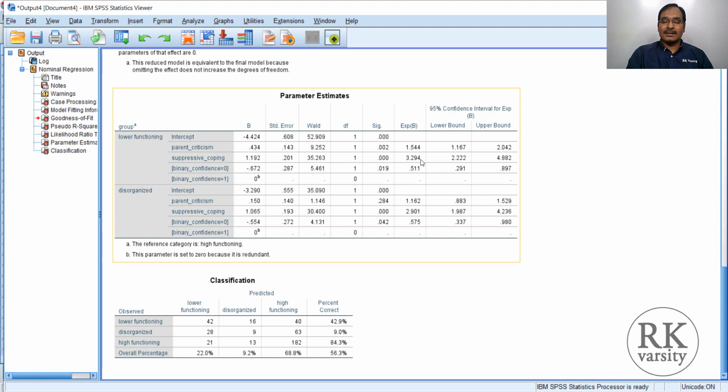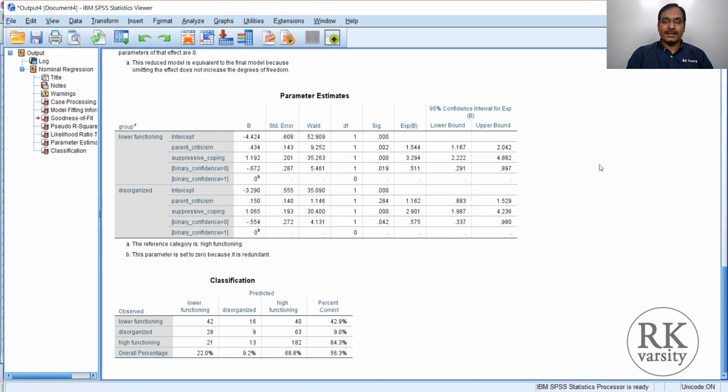Now look at this expression, Exp(B). This gives you an odds ratio. In the sense, let us say parent criticism is there. If there is a one-unit increase in parent criticism, then the odds of low functioning are 1.54.